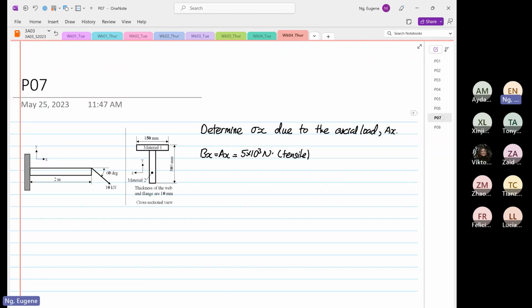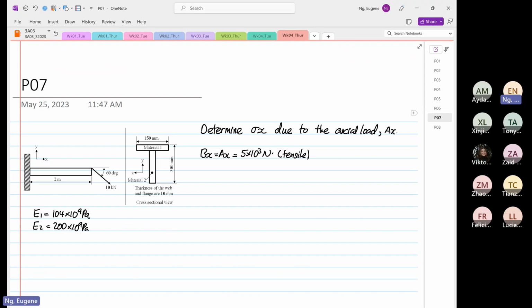okay, by referring to the cross-sectional area. So let me write out our E1 is equal to material 1 is equal to 104 times 10 to the power 9 Pascal. And then E2 is equal to 200 times 10 to the power 9 Pascal. Okay.